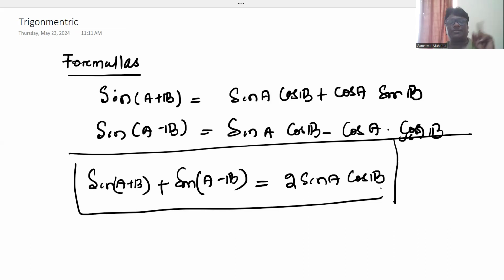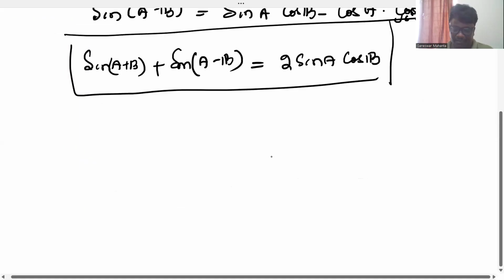But we can produce sin 90 plus theta and sin 90 minus theta. Just to remember, sin a plus b and sin a minus b, we apply the formula for sin 90 minus theta and sin 90 plus theta. We already know all the angles.